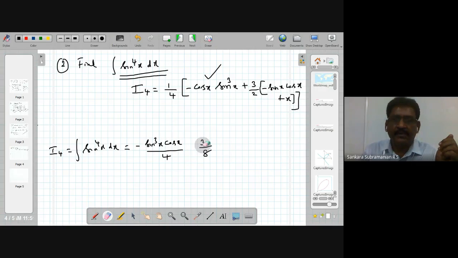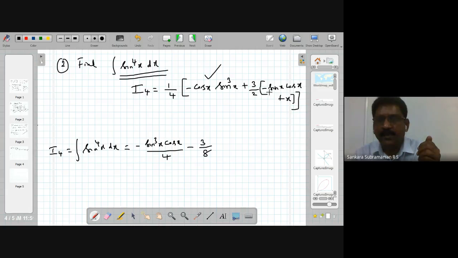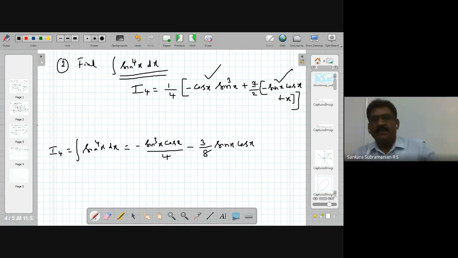So you can go ahead with minus 3 by 8, because you have minus 3 by 8, and this time sin x into cos x. This term is over. And this term you have 3 by 2x, here 1 by 4. So therefore this is plus 3 by 8 x plus lastly you can put a constant of integration c.